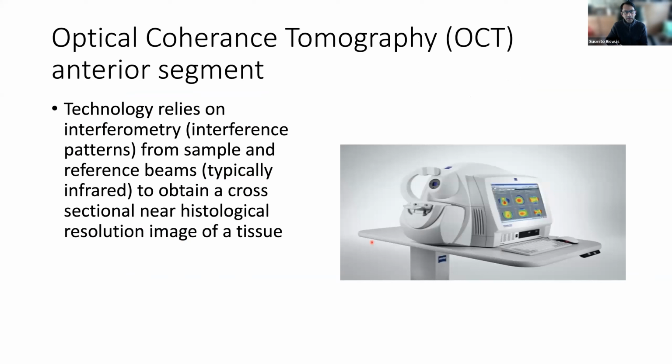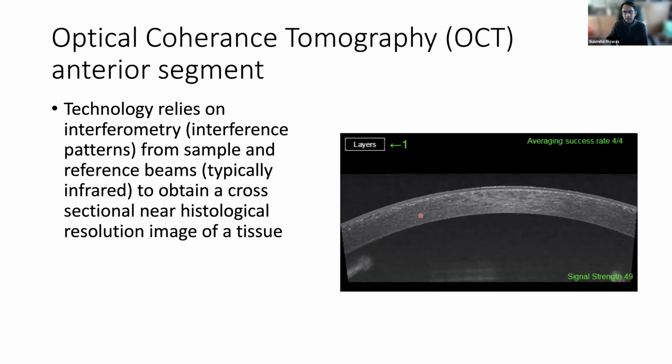There are other ways of assessing crystal deposition. So a device called an optical coherence tomography scanner can use technology called interferometry to get a cross-sectional image of the cornea. And this is what it looks like, with the crystals appearing, as mentioned before, as these little bright white reflective areas near the front of the cornea.